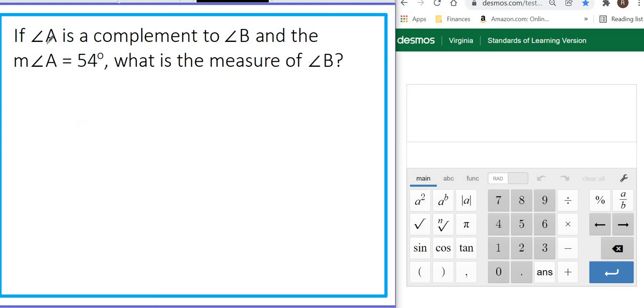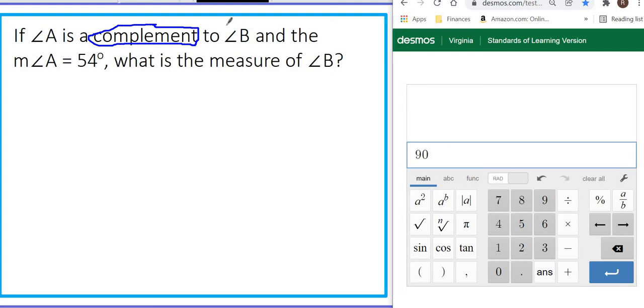Okay. All right, let's see if we have another question here. Yes, it says if A is a complement. As soon as I see that word complement, I'm going to come over here to my calculator and put in 90 because I know complementary angles are 90 degrees. And it says if angle A is complementary to angle B and the measure of angle A is 54, what's the measure of angle B?